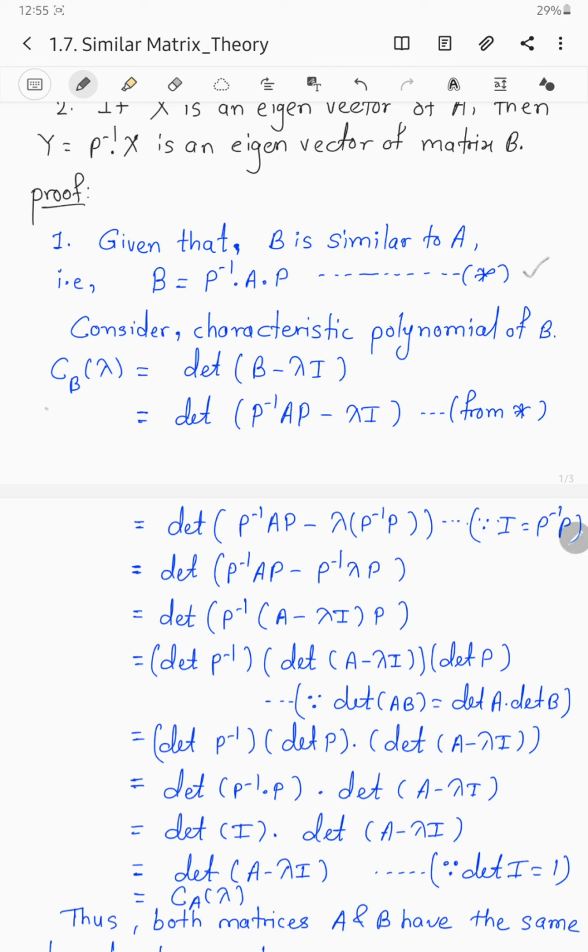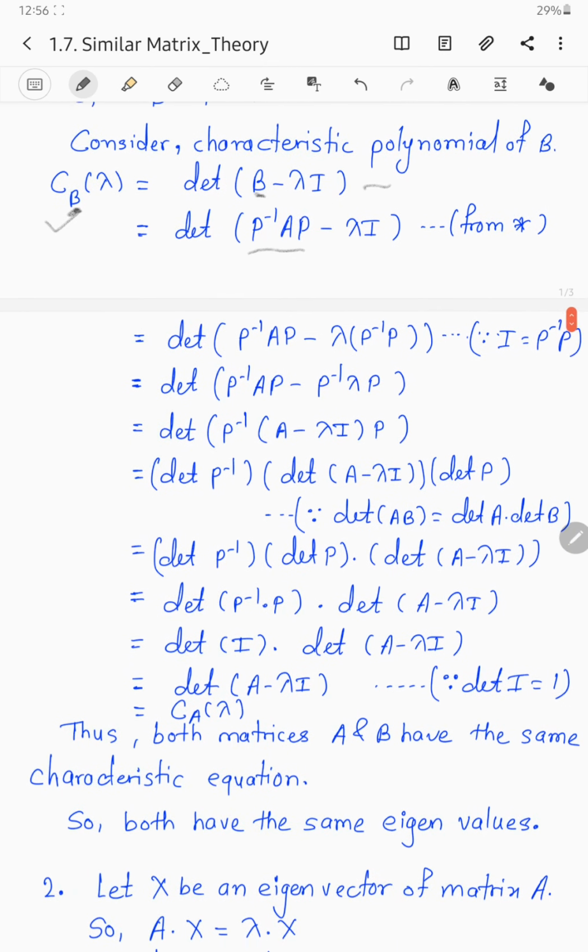Let us say C_B of lambda is the characteristic polynomial of B. By definition, the characteristic polynomial of B is nothing but the determinant of B minus lambda I. Now as B is similar to A, we can replace the value of B by P inverse A P. So instead of B, I write down here P inverse A P. Lambda I remains as it is.